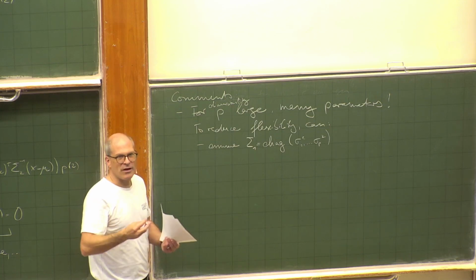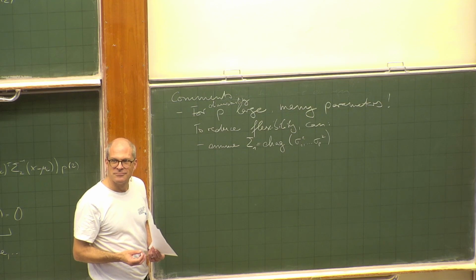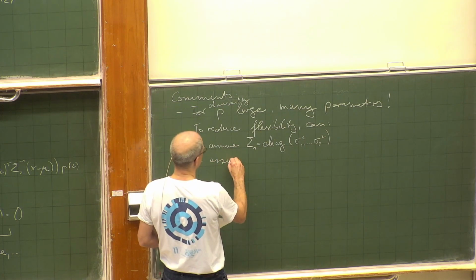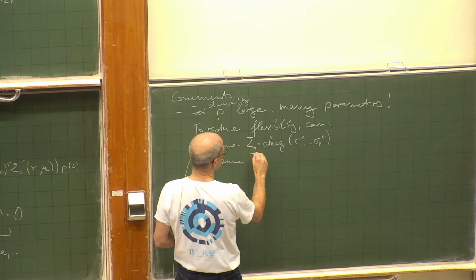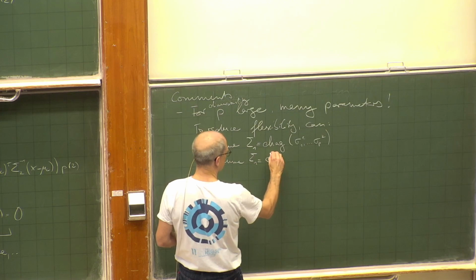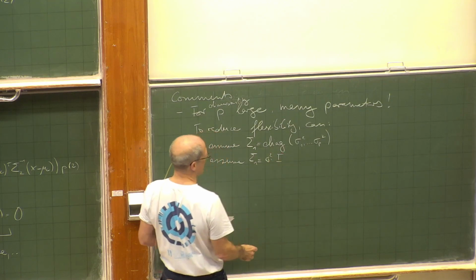You know, more drastic. Exactly. Yeah. We could assume that sigma 1 is sigma squared times the identity matrix.